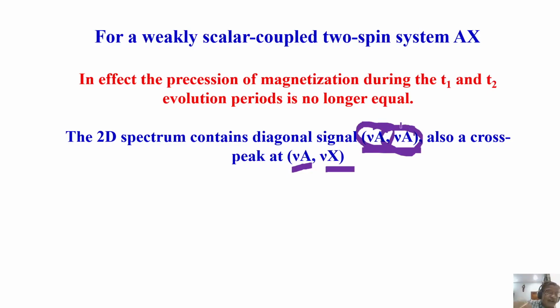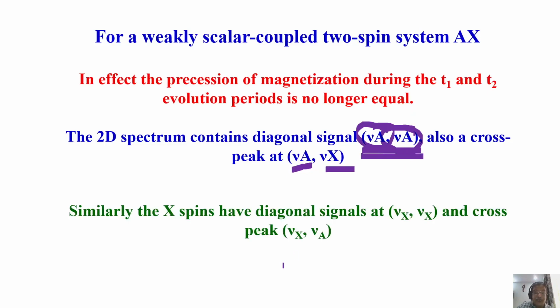Part of the magnetization went back to the Z axis, and remains the same, and part has given magnetization to spin X. That will appear only at nu A and nu A. They are called diagonal peaks. The frequencies which remain the same in both the T1 and T2 dimensions, both in the evolution period and the detection period, come as what is called a diagonal peak in COSY.